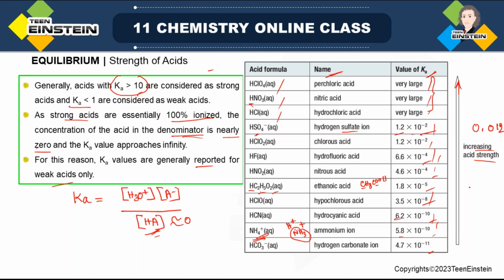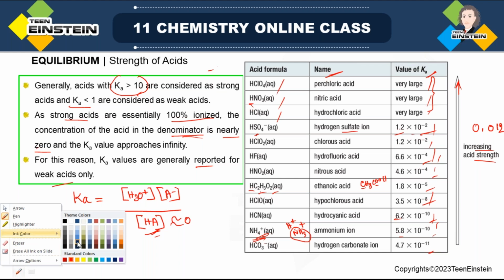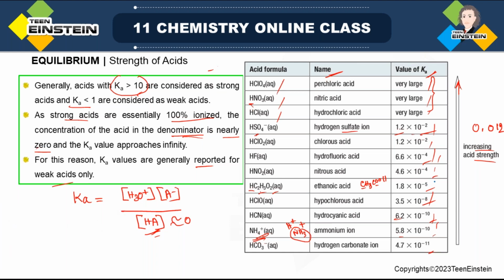So for example, as you can see here, except the first three, if you consider the other three, if I am comparing acetic acid and hydrocyanic acid, acetic acid is 10 to the minus 5, hydrocyanic is 10 to the minus 10. So now you can compare these two and say that acetic acid is comparatively stronger.